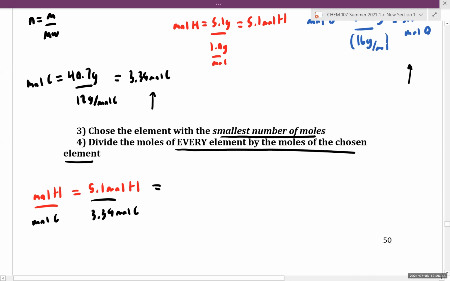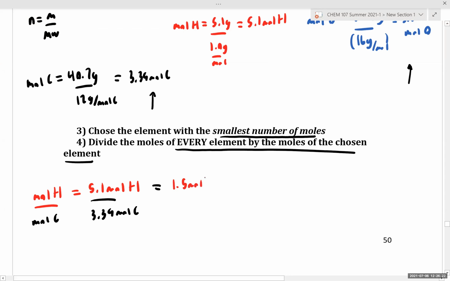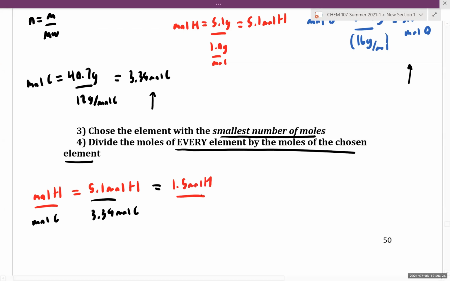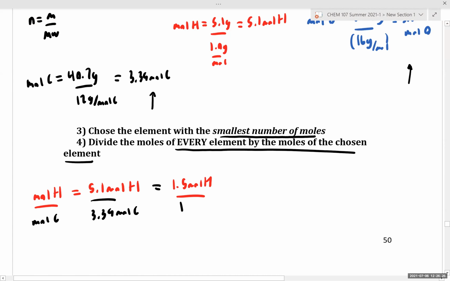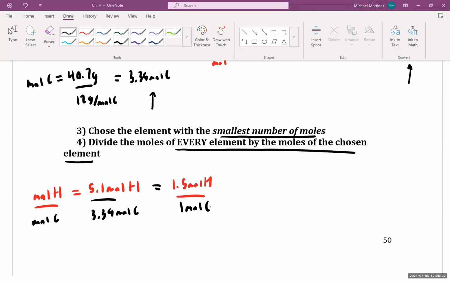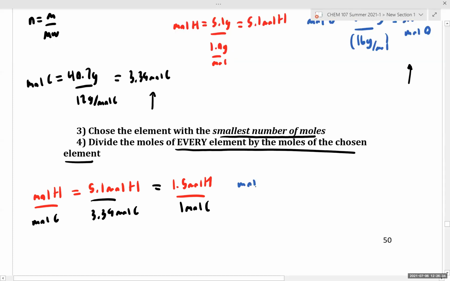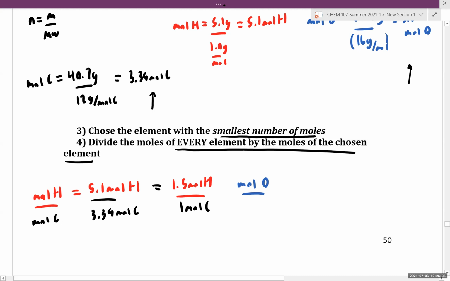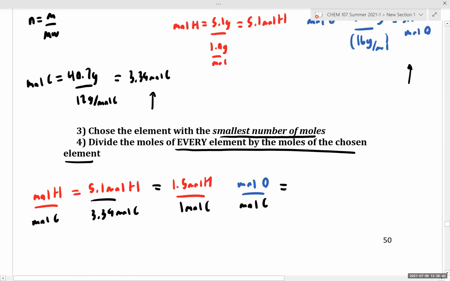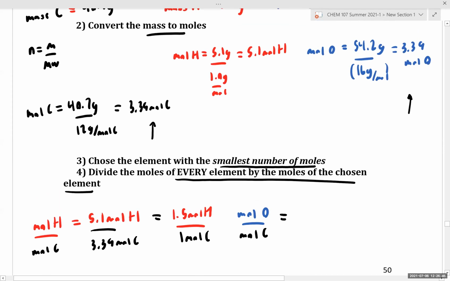That in turn gives us a ratio of 1.5 moles of hydrogen per every 1 mole of carbon. Would anyone like to share the ratio for the moles of oxygen per mole of carbon? If we punch this into our calculator, what is the mole to mole ratio of oxygen to carbon for this example in particular?